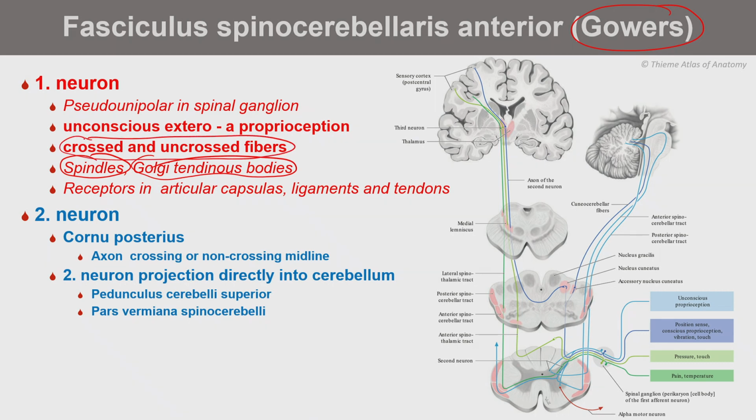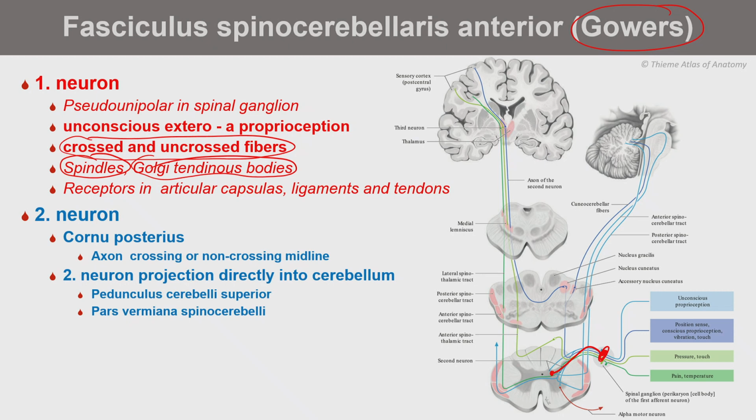So this is an unconscious extero and proprioception. So then the first neuron is again in a spinal ganglion, the second is in a cornu posterior, and then the second neuron is directly projected into the cerebellum.